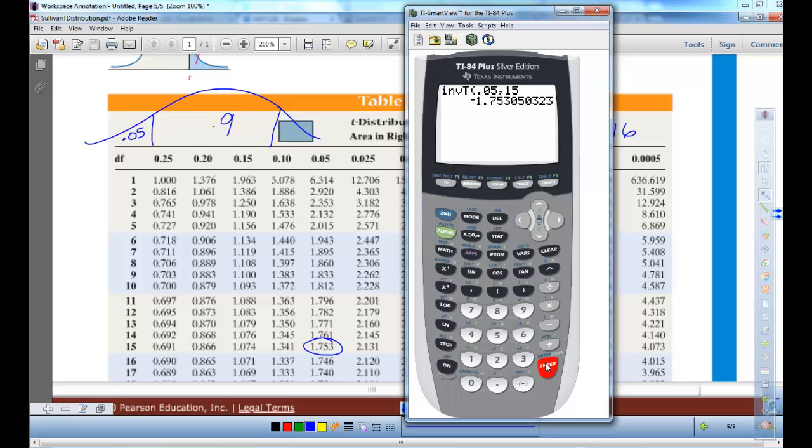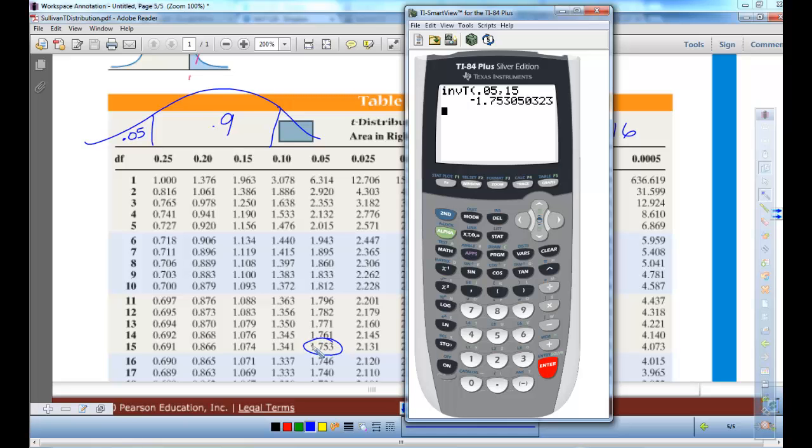Okay, so inverse t, if you don't want to use the table, our syntax is area to the left. We had 0.05 to the left, right? And then our degrees of freedom was 15, and so we got 1.753 just like we do in the table. Yes, ma'am.